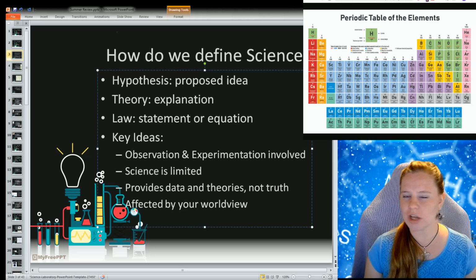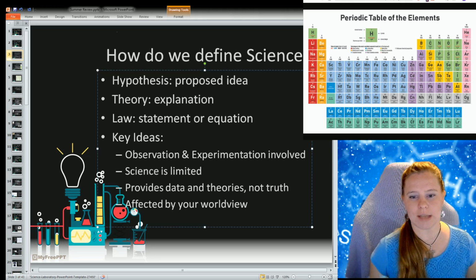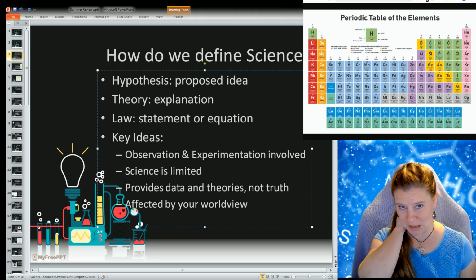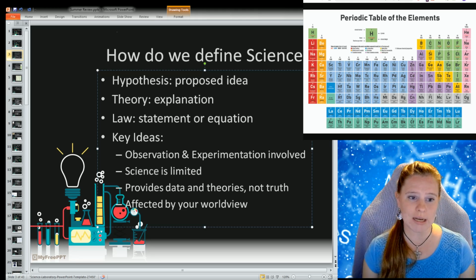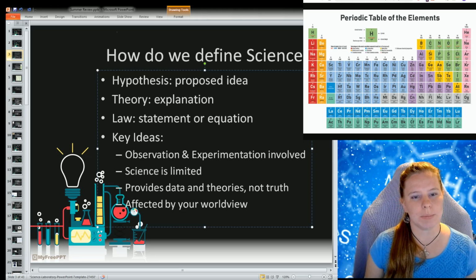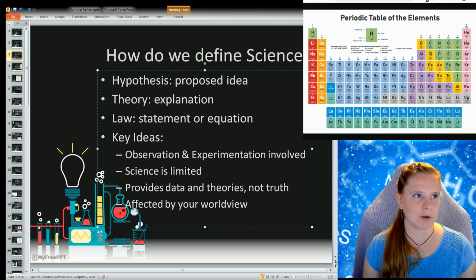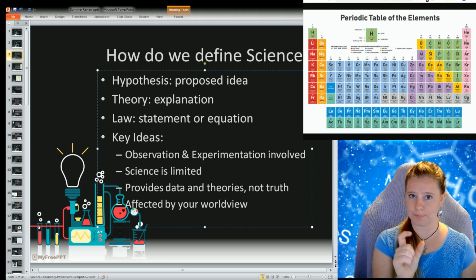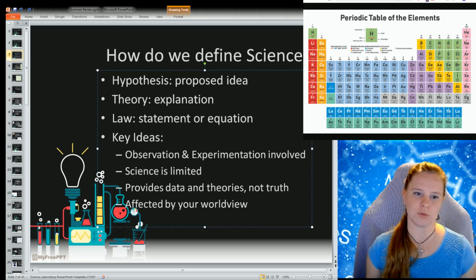Okay? A law generally isn't like that. A law is a statement or equation. It is often mathematical. It does not have to be. So a lot of times you can state a scientific law as a mathematical relationship. Not always, but most of the time. Like Kepler's laws of planetary motion, there's actually a mathematical relationship that goes with each one of those.